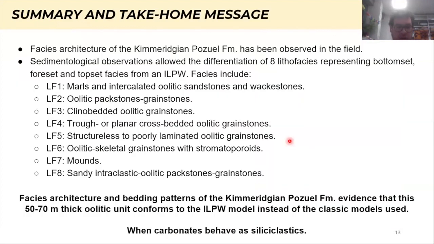So some take-home messages: the facies architecture of the Kimmeridgian Pozel formation has been observed in the field. Sedimentological observations allow us the differentiation of 8 lithofacies representing bottomset, foreset, and topset facies from an infralittoral prograding wedge.